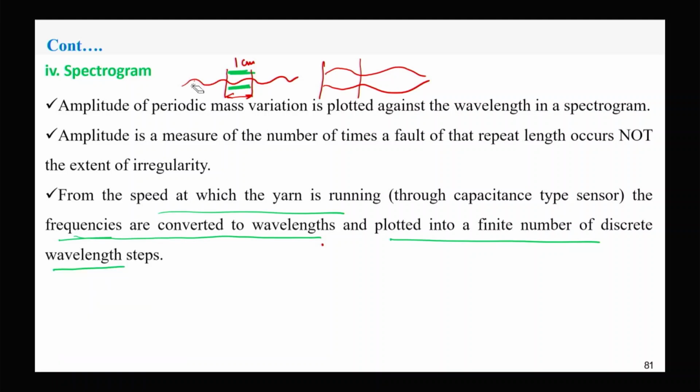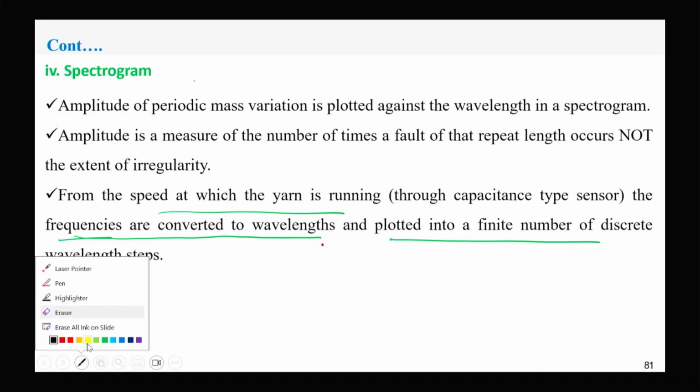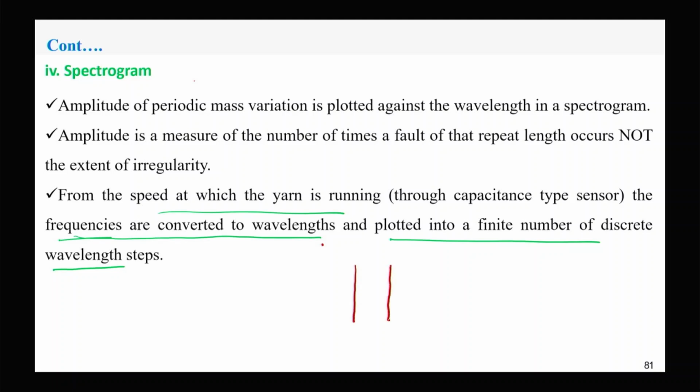Now let me explain this in detail a little bit. Suppose this is a sensor, and this sensor is 1 centimeter.